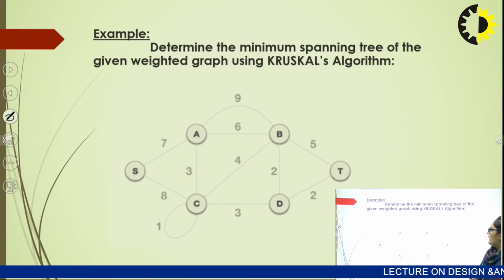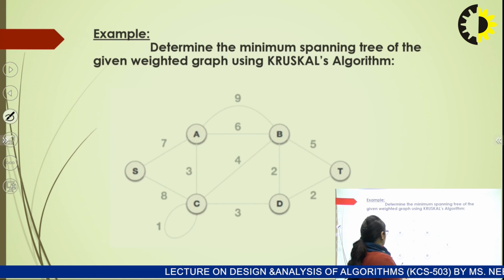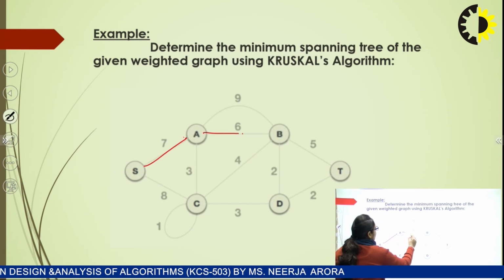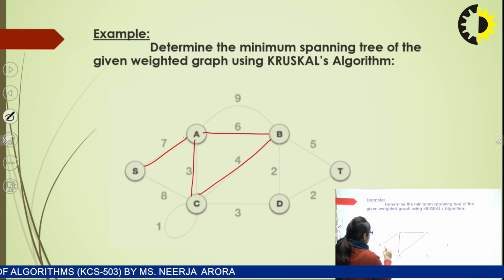So this is an example. Basically this is a graph.